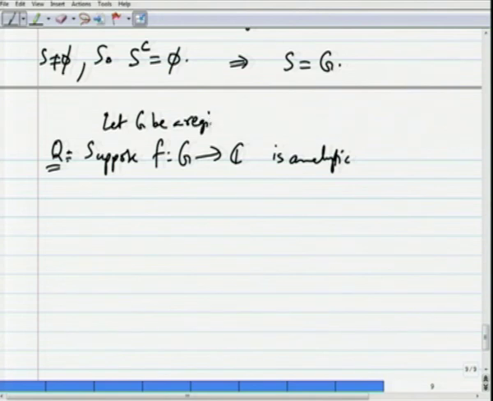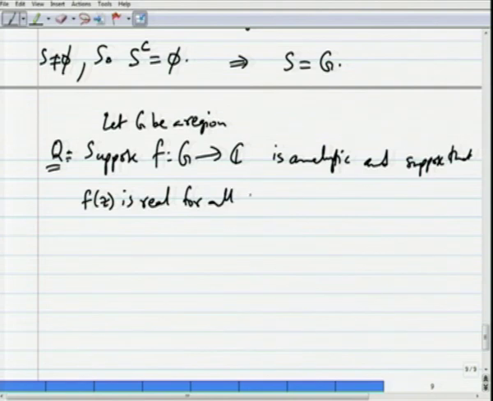So, G is a region, and suppose f from G to C is analytic, and suppose that f of z is real for all z belongs to G. Okay. Then show that f is constant.